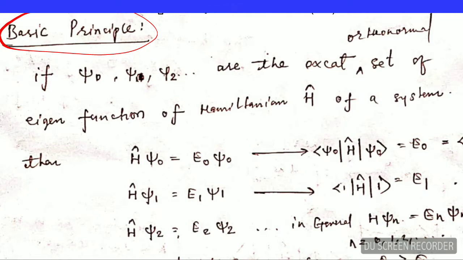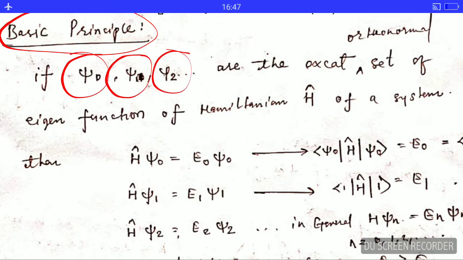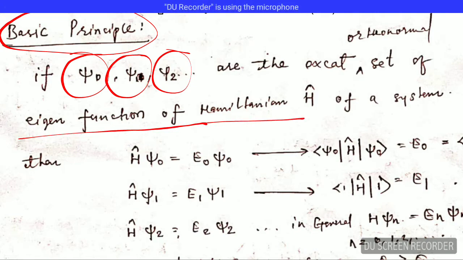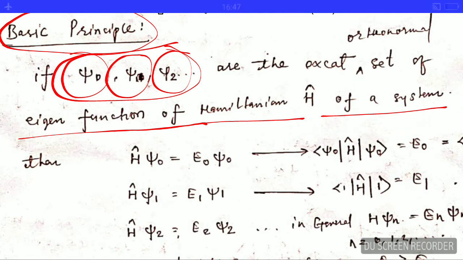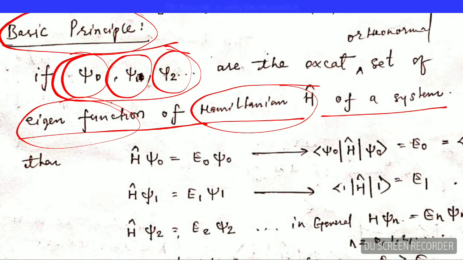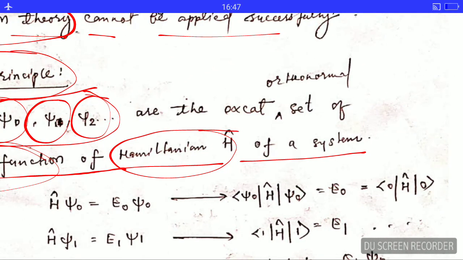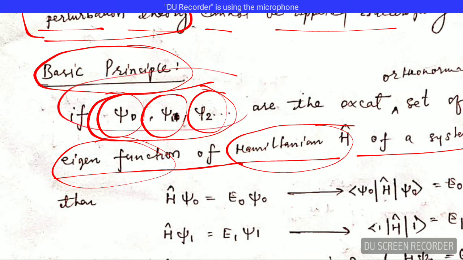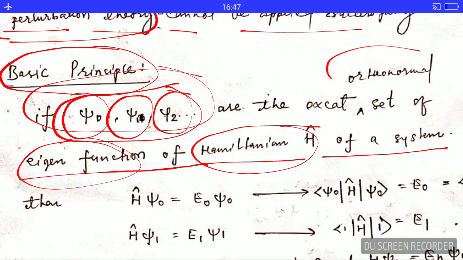If psi 0, psi 1, psi 2 are the exact orthonormal set of eigenfunctions of the Hamiltonian H of the system, this means that these psi are eigenfunctions of the Hamiltonian H, and these psi are orthonormal to each other.